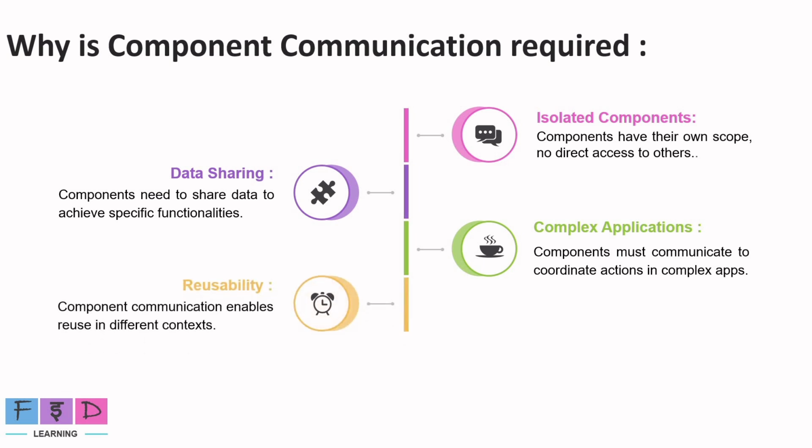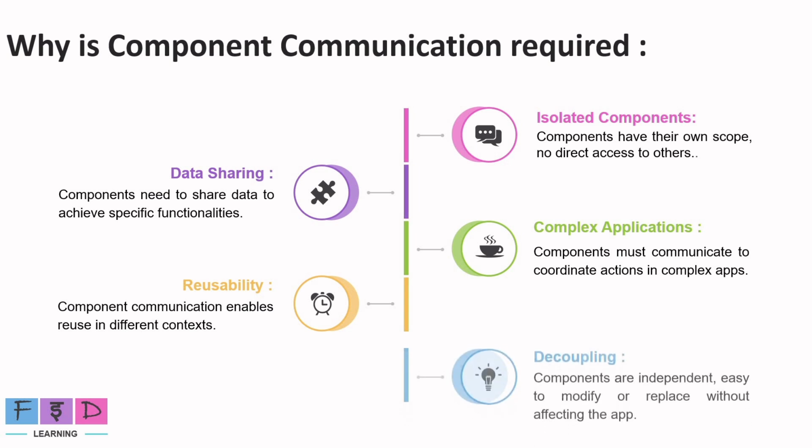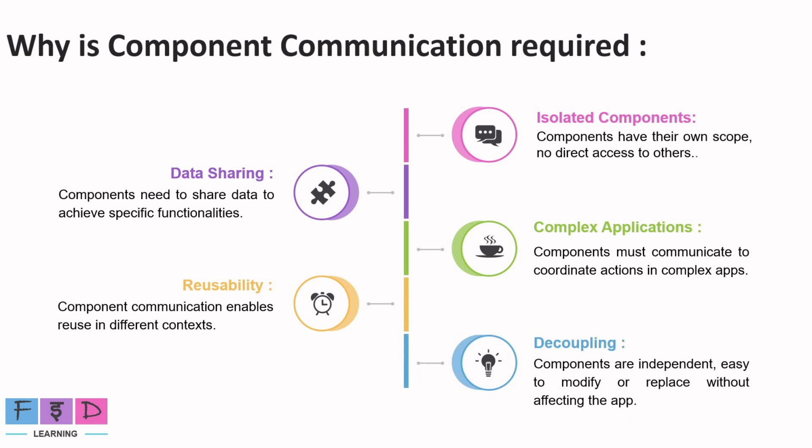Next, reusability. Component communication enables reusability of components as they can be used in different contexts and communicate with other components. And last, component communication helps to decouple components from each other, making it easier to modify or replace individual components without affecting the entire application.